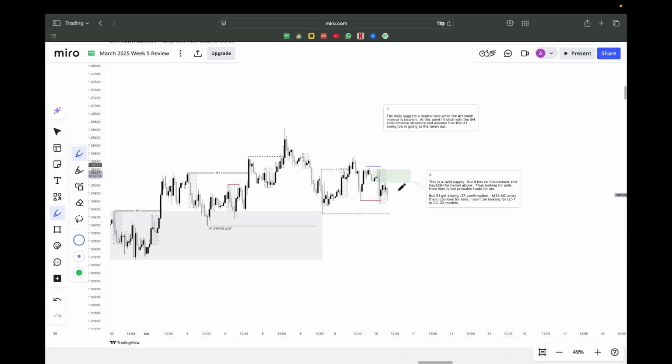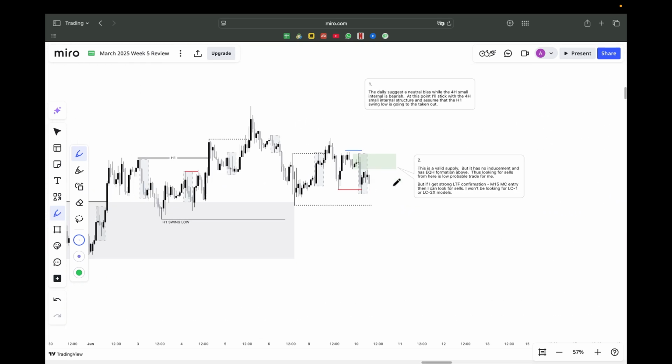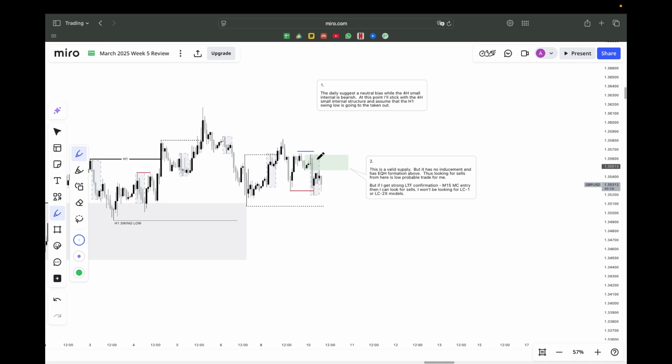From the H1 perspective, this seems like a valid POI, because this is the only supply that is holding the price. So if the price mitigates this one, an M15 LC2 or mitigation entry, whichever is valid, I'll just take it, and then it's a quick in and out trade. So I can expect this low to be taken out, and if possible, this low can also be taken out.